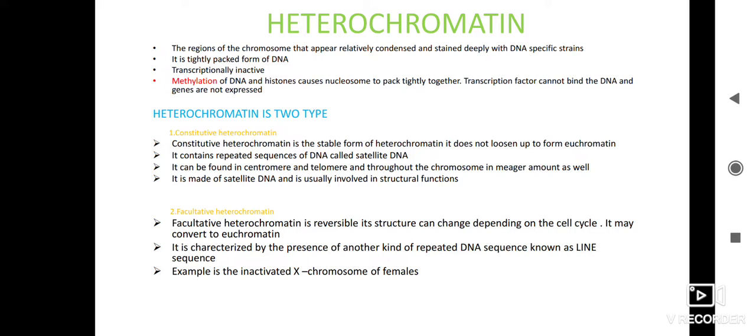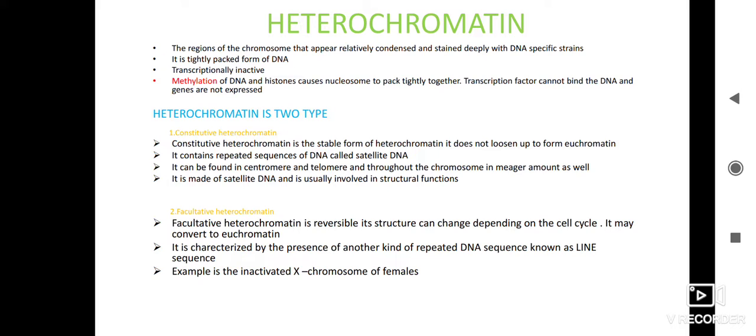It contains repeat sequences of DNA called satellite DNA. It can be found in the centromere and telomere, and throughout the chromosome in major amounts as well. It is made of satellite DNA and is usually involved in structural function.